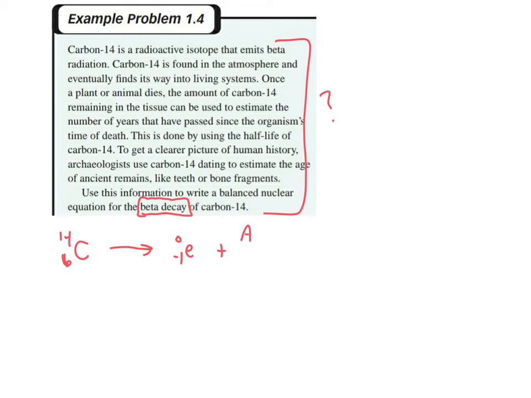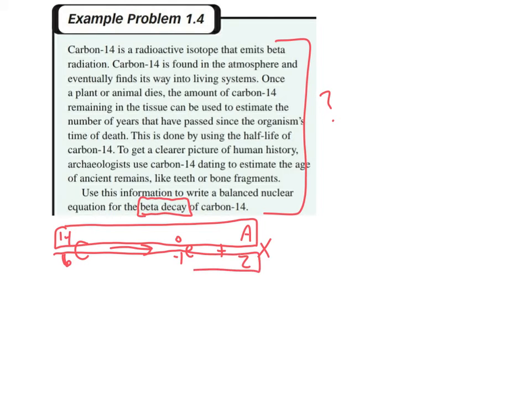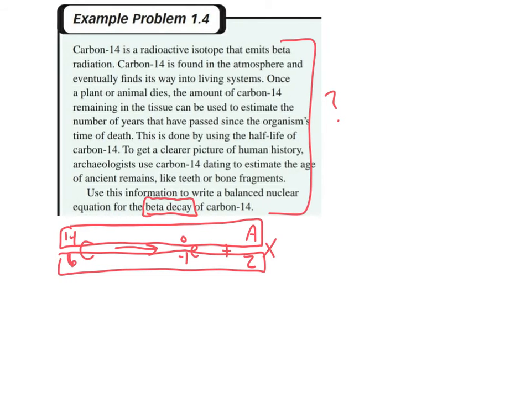So again, we get our notation here. We have our A, our Z, and our X. And then we're going to try and figure out which element this is. Remember that these three are connected, and these three are connected. And so we are going to have 14 equal to 0 plus A. And we are going to have 6 equal to -1 plus Z. So A in this case is going to equal 14 minus 0, which is 14.